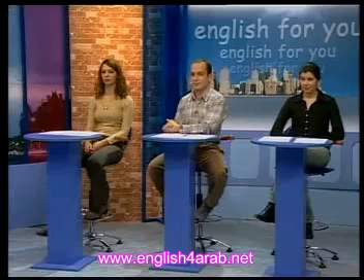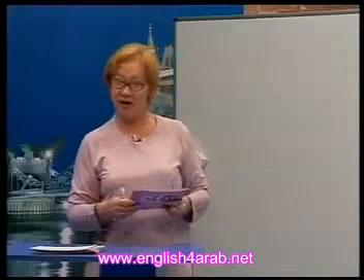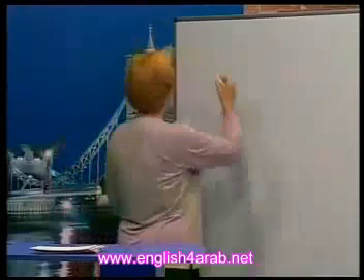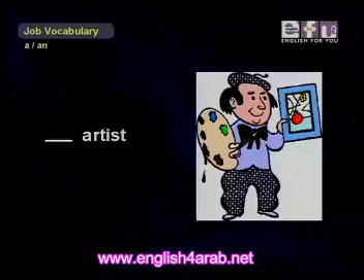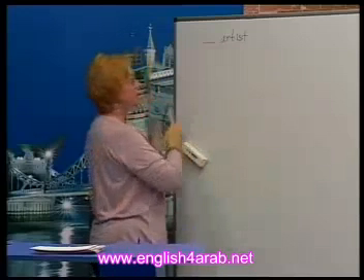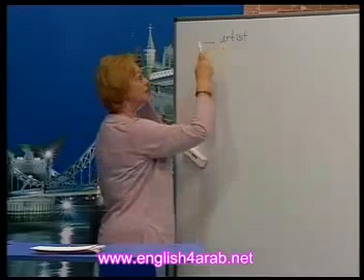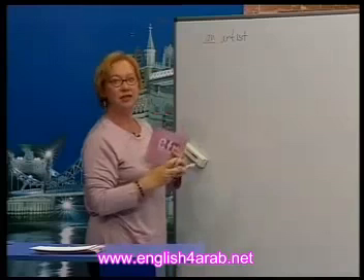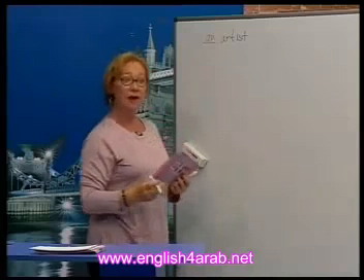Okay. Now, here are some more jobs without articles, and we're going to put the articles in. So, for example, artist. Now, we have a, so we say an artist. All right, are you ready?